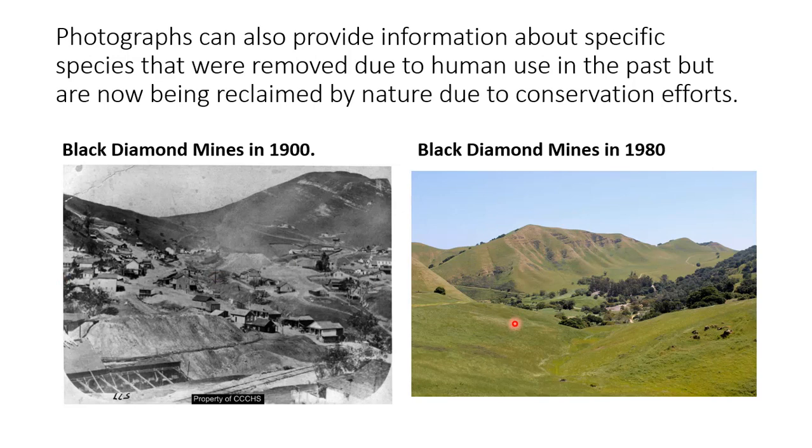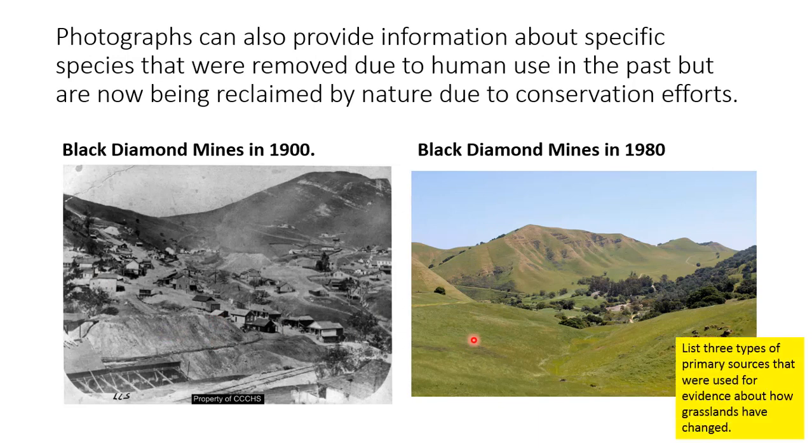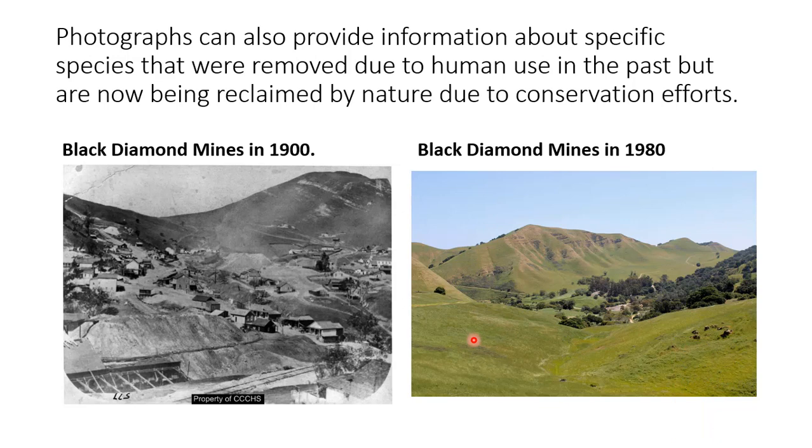And you can see that this land is being reclaimed by nature after it had been removed by man, and now it is coming back. So again, this is just another example of how photographs can give evidence of change in the ecosystem.